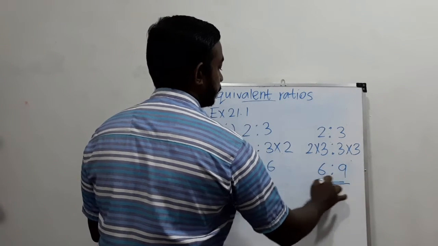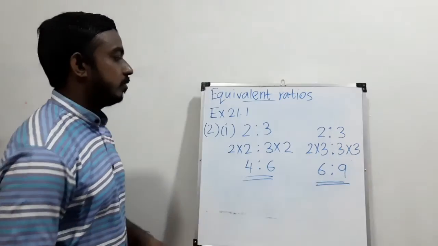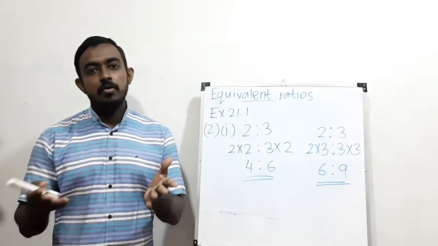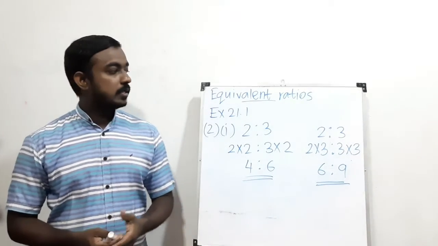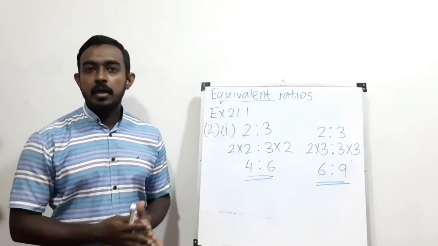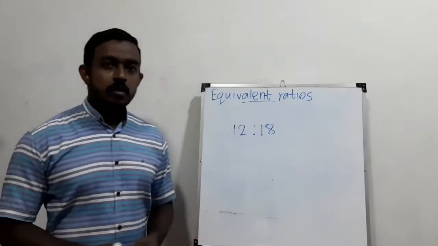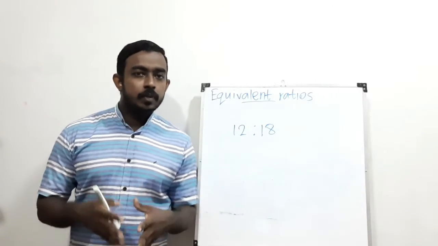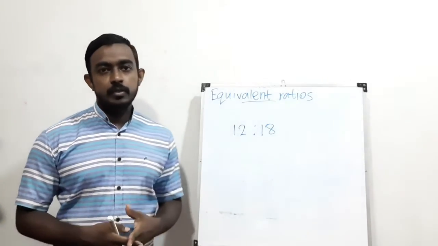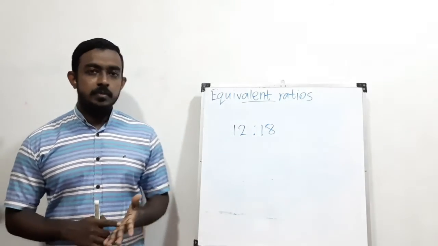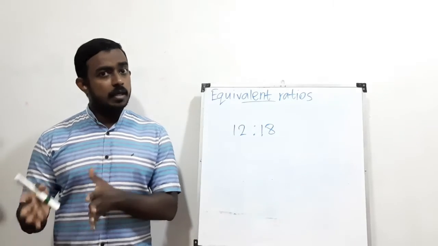6 to 9. So my dear children, as you can see, when we write an equivalent ratio, you just have to do a very simple thing. Here we have to decide a number and multiply all the terms by that number. Now consider these two numbers. To make an equivalent ratio for these, either we can multiply these two terms by a number, and there is another method.